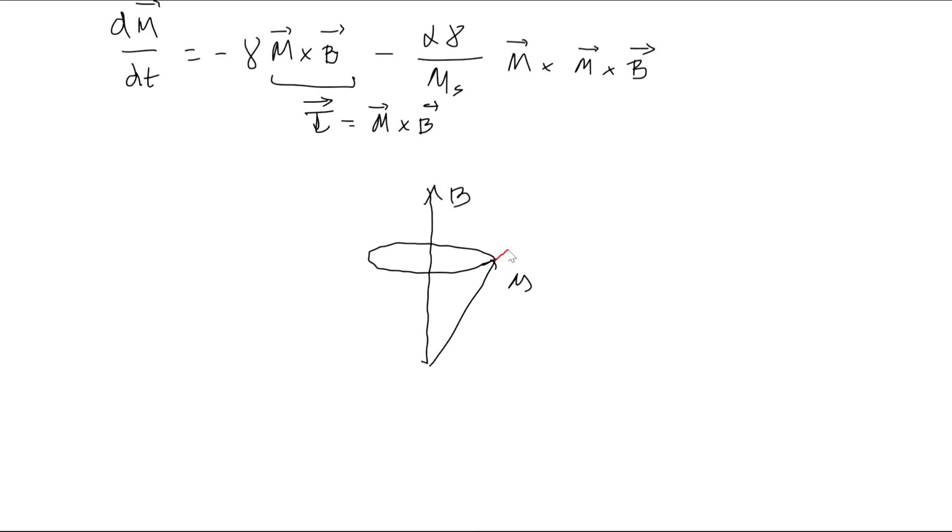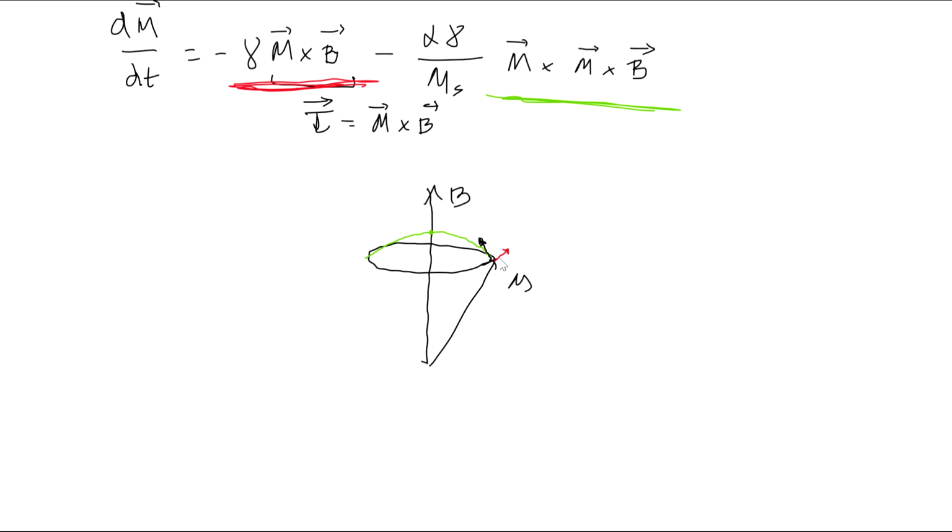It should point there. So this term is this torque. Now, if you look at this term here, M cross B, then you will see that this torque, if we draw that circle through the magnetic field, points that way.